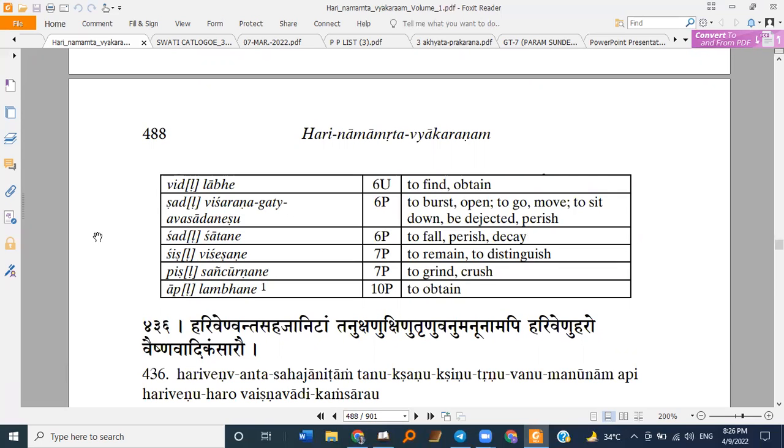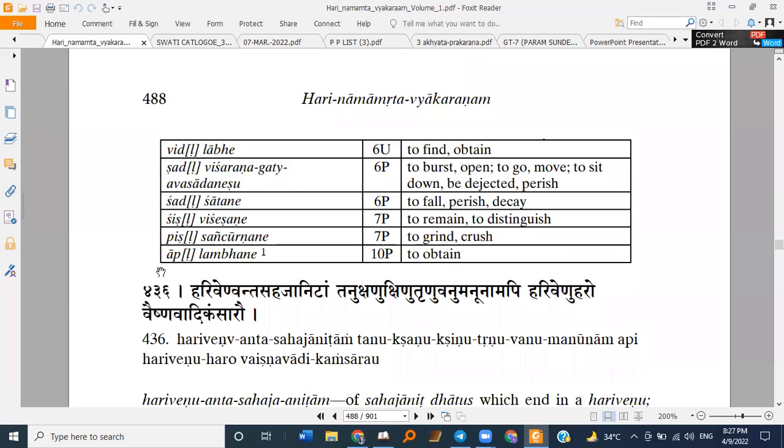Bhunkte, what is that? Eating the remnants of the Lord, that verse in Gita. Avashishta. I just skipped it. Now that has this dhatu in usage. Pishlri samchurnane. So Pishta, Peshana. In Hindi we say Pisna. So that's also very close to this verbal root. Pishri. And then Apri lambhane, to obtain.